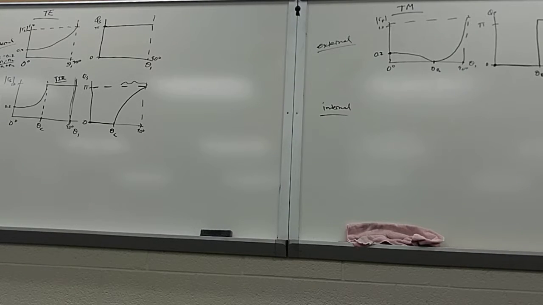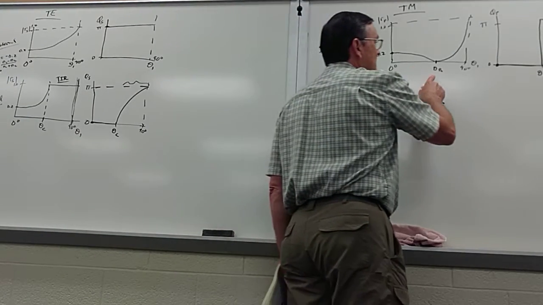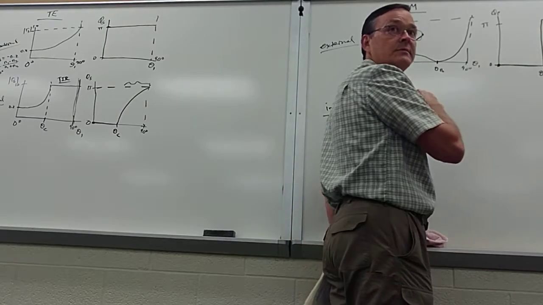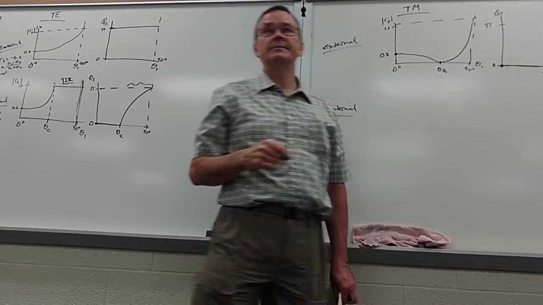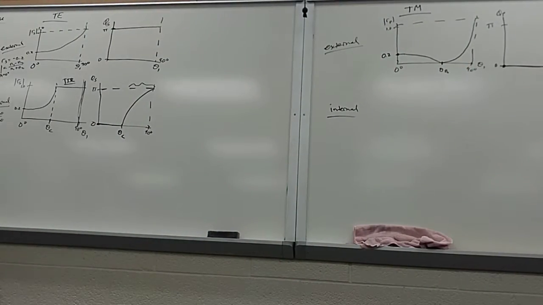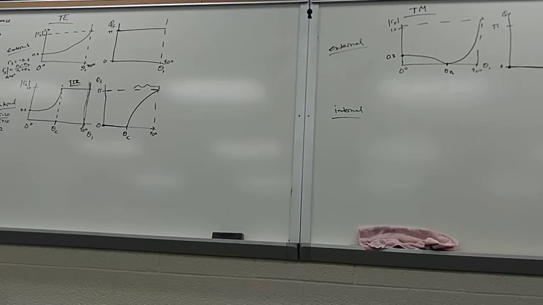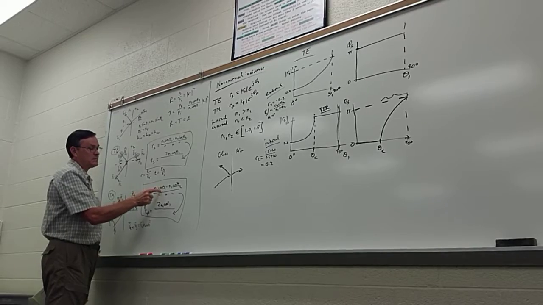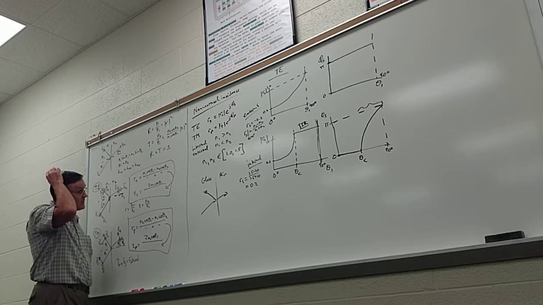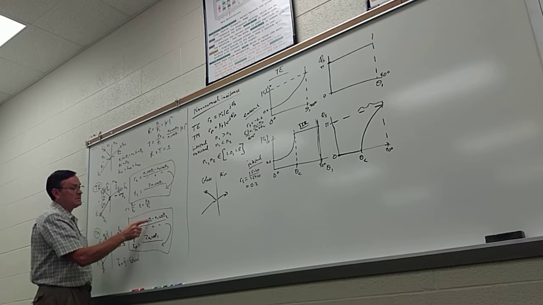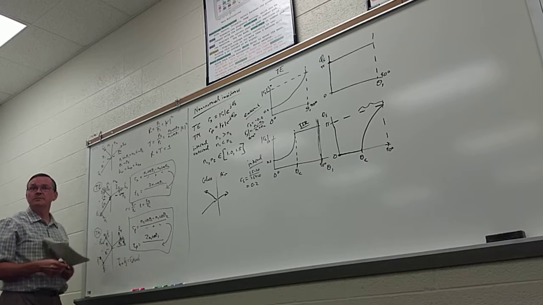So over here, all we're saying is that in the TM case, between 0 degrees and the Brewster angle, it's a positive real number. And then between the Brewster angle and 90 degrees, it's a negative real number. Which means that, looking at this expression, between 0 degrees and the Brewster angle, this is bigger than that. So the overall thing is positive. But beyond the Brewster angle, this term is less than that term. So it's a negative real number.